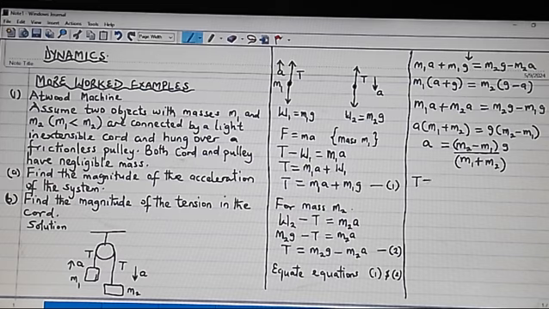So I say T is equal to m1 into A, which is (m2 minus m1) all over (m1 plus m2) g, which is this g, plus this m1g.